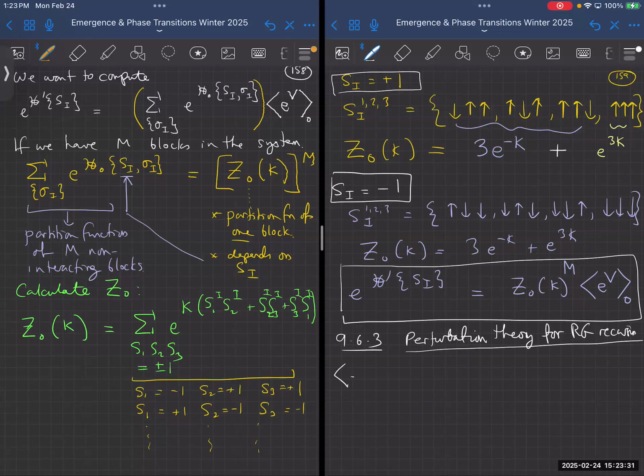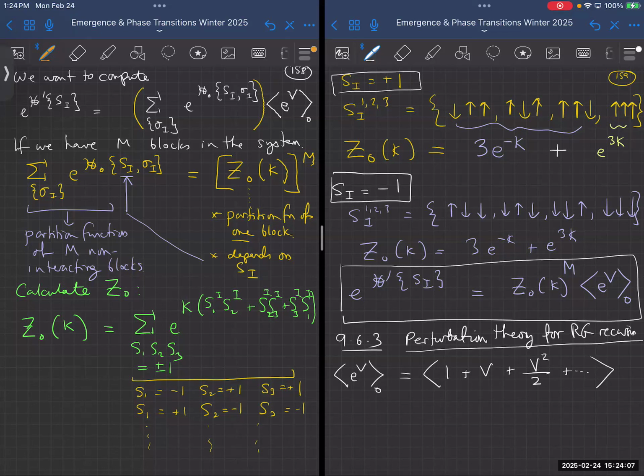So the thing we have to compute is the expectation of e to the v. And what we're going to do is a trick that sums this expectation value to higher order than would normally be the case if we just expanded e to the v as a power series in v. So let's write it down as a power series in v. This is equal to 1 plus v plus v squared over 2 factorial plus higher order terms.